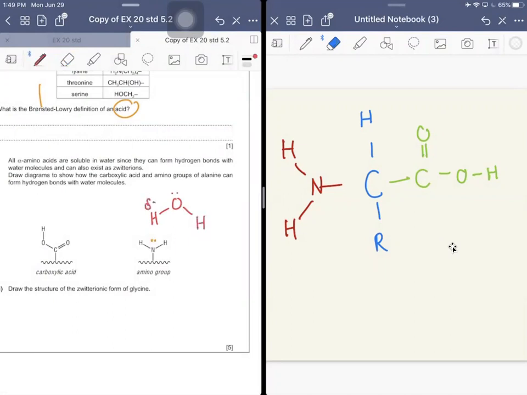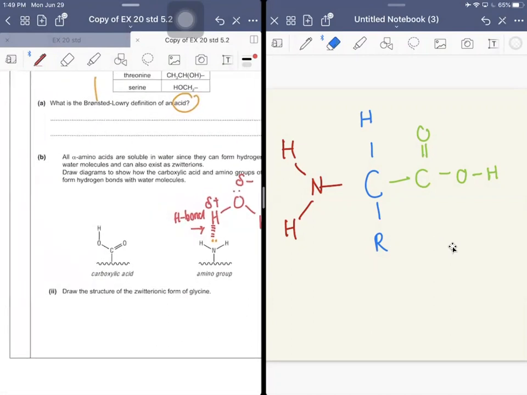So it has to have a delta plus, delta minus, the nitrogen, and then you can label that as a hydrogen bond. This can also have delta plus. Nitrogen will be delta minus.